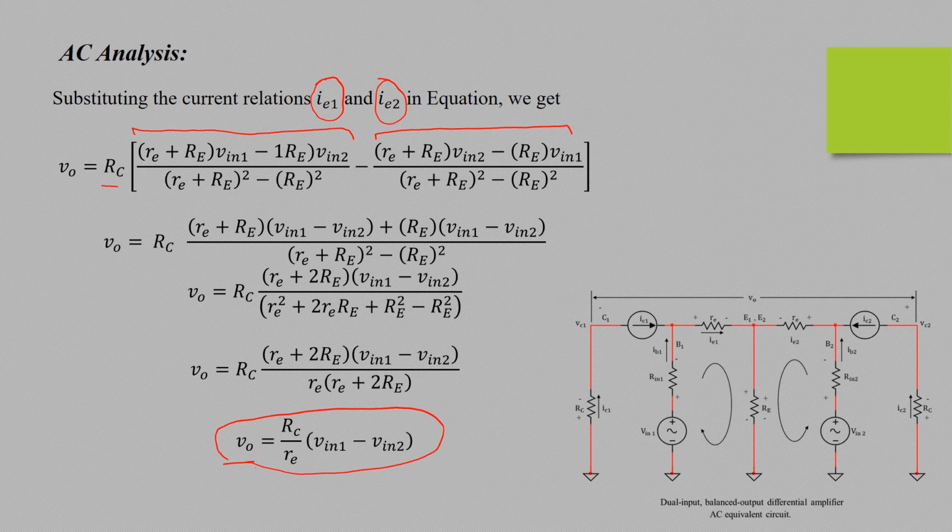Here the denominator is the same, so we can combine these equations, and by solving mathematically we get V0 is equal to RC by re into (Vin1 minus Vin2). Thus the differential amplifier amplifies the difference between two input signals, that is Vin1 minus Vin2. This is as expected.